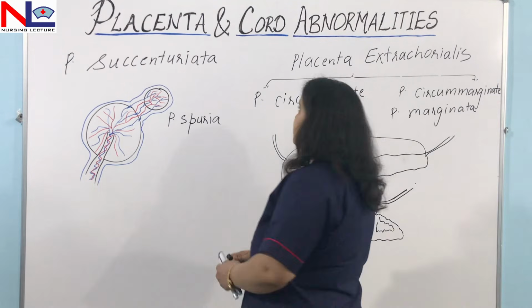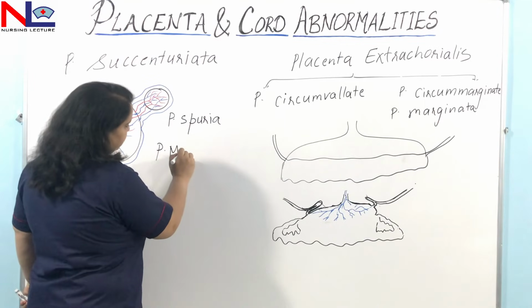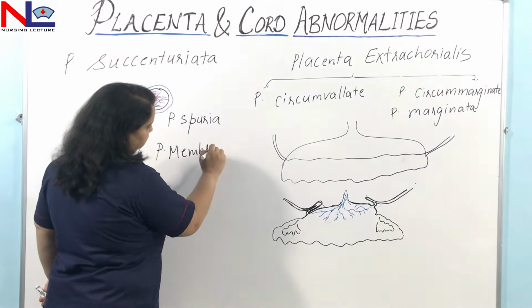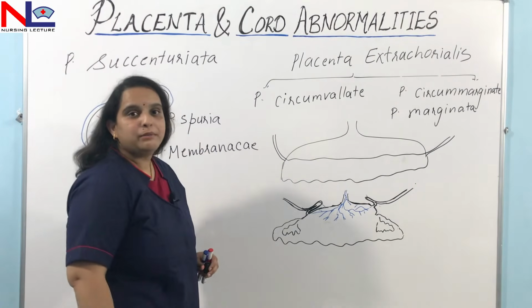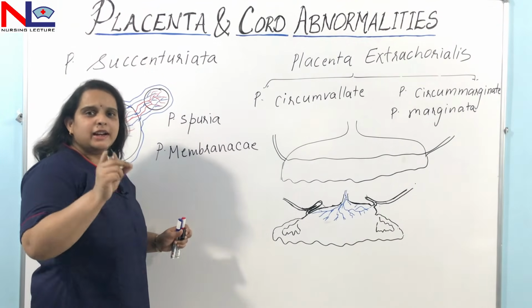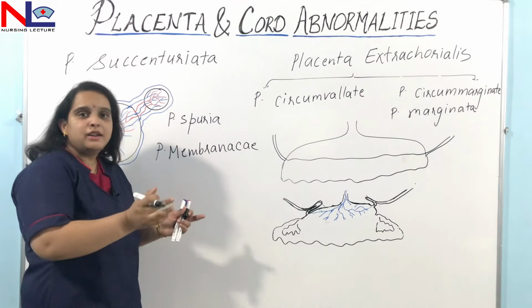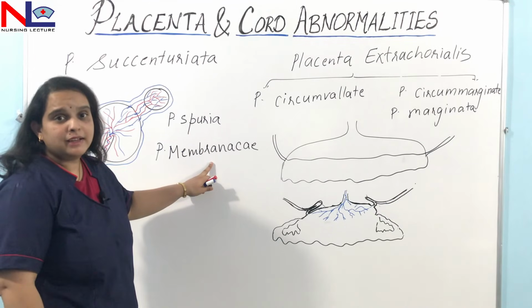Now another variety of placenta is the placenta membranacea. As the name itself suggests, it is more thin in comparison to the normal structure. Why is it thin?